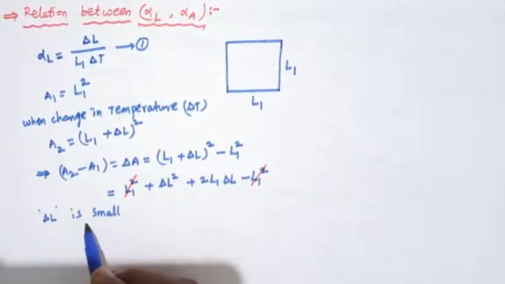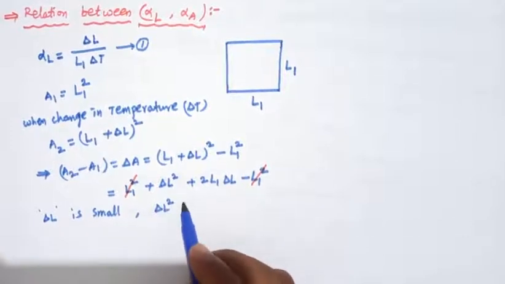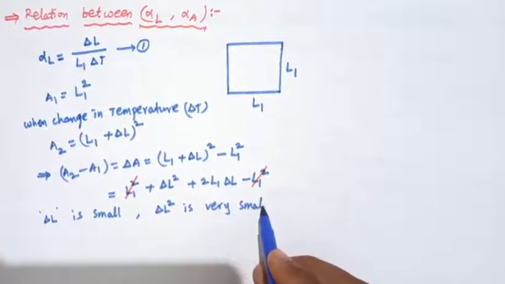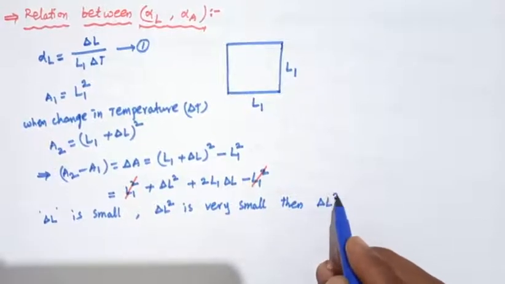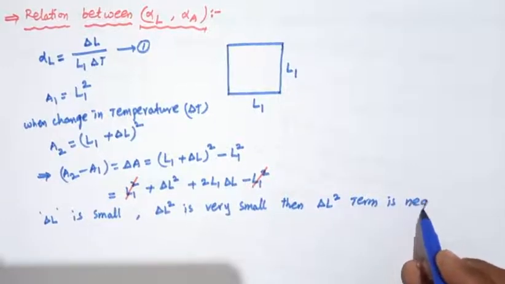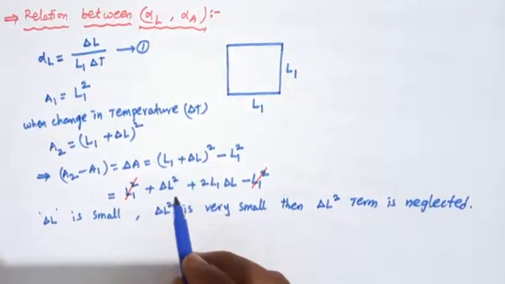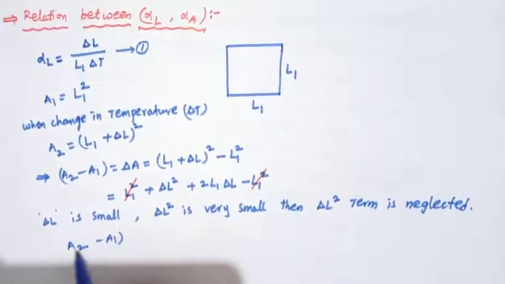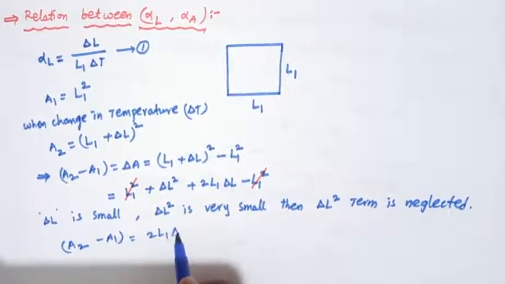So when delta L is small, delta L square is very small, and the delta L square term is neglected. So the equation is A2 minus A1 equals 2 L1 delta L.